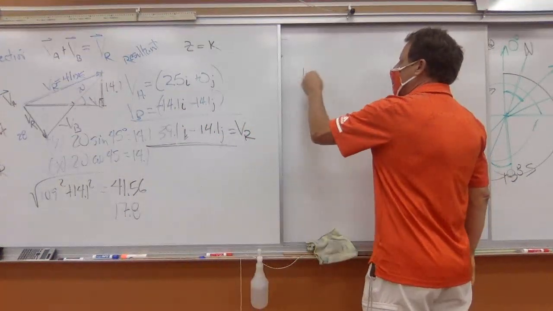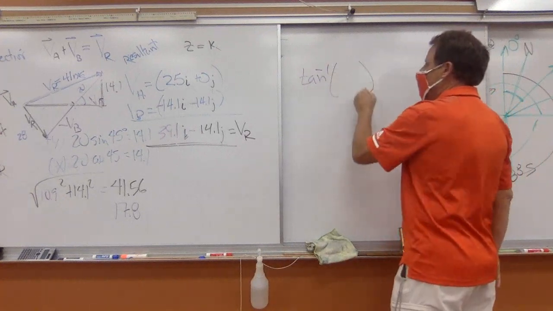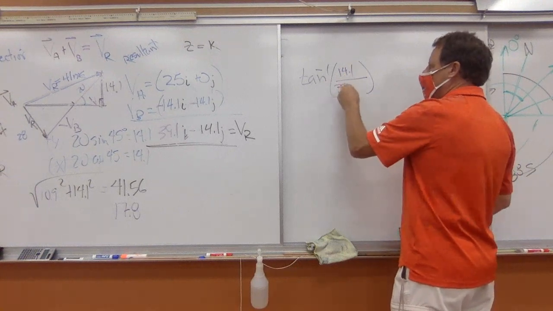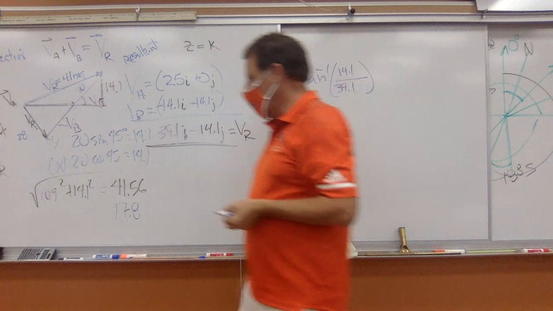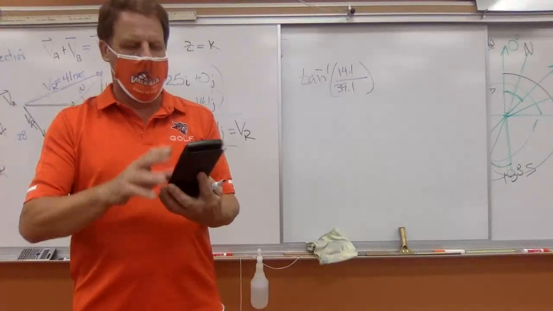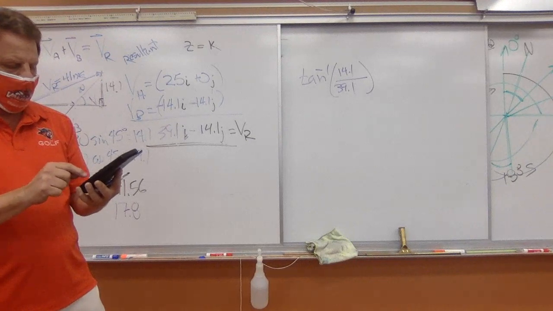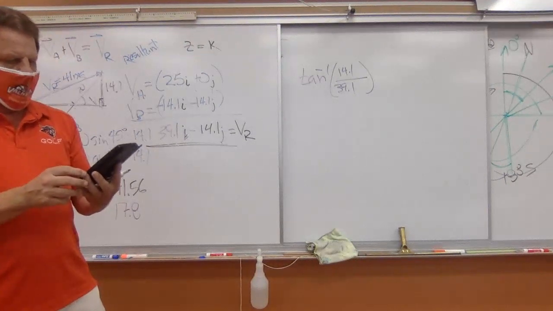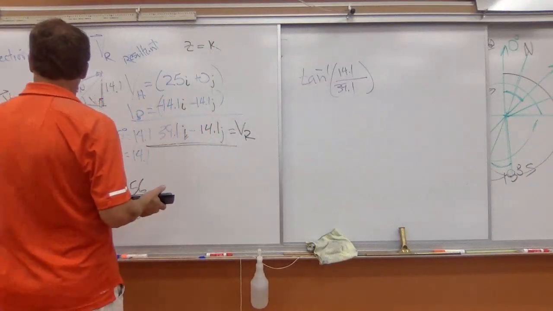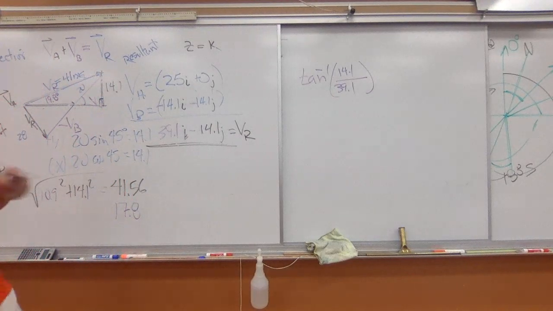If I say inverse tangent of opposite over adjacent, and our opposite is 14.1 and our adjacent was 39.1, then we can get the angle just from trig. Inverse tangent of 14.1 divided by 39.1 gives us 19.8 degrees. So this was 19.8 degrees.